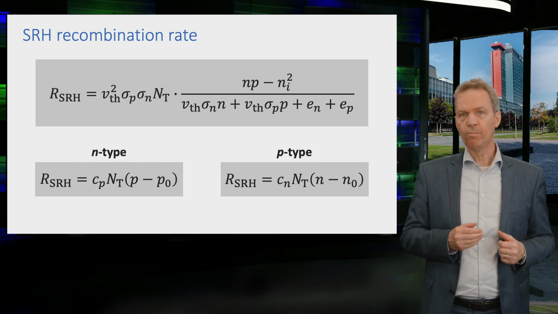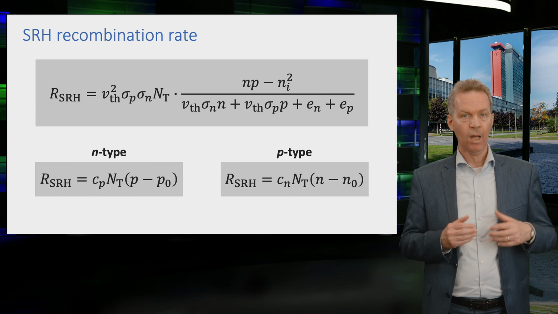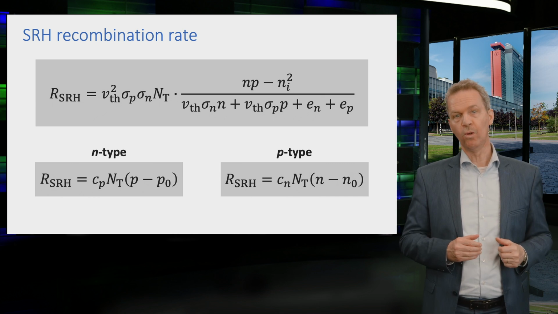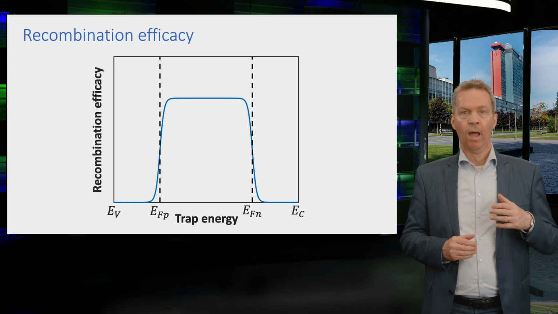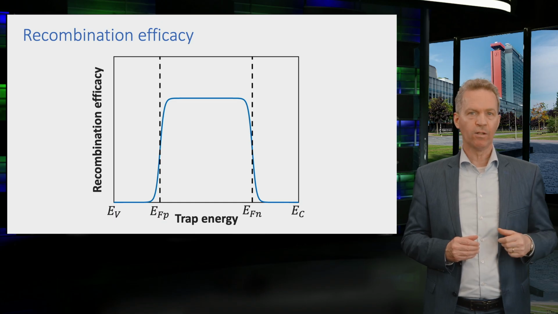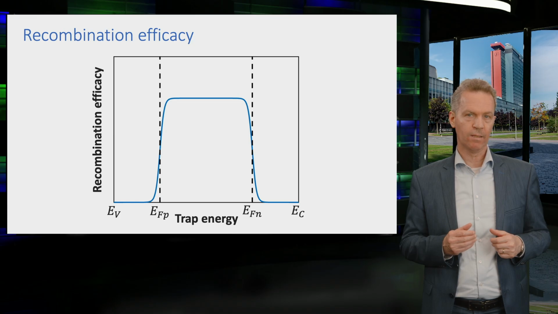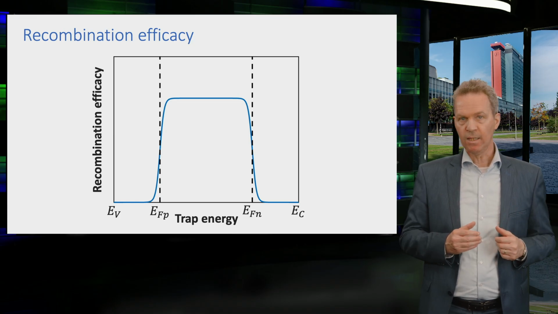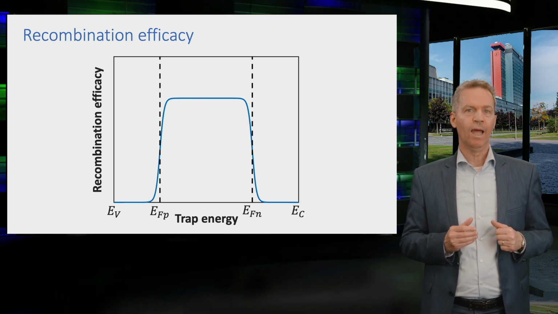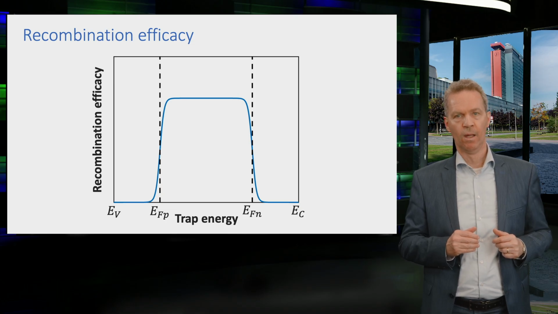Taking into account the occupancy of the traps expressed by the distribution function f, we can work out the recombination rate per trap, the so-called recombination efficacy, and when we plot this recombination efficacy as a function of trap energy, we see a clear dependence on the energy of the trap state, and that the efficacy reaches its maximum if the energy of the trap is positioned between the quasi-Fermi levels of the semiconductor.